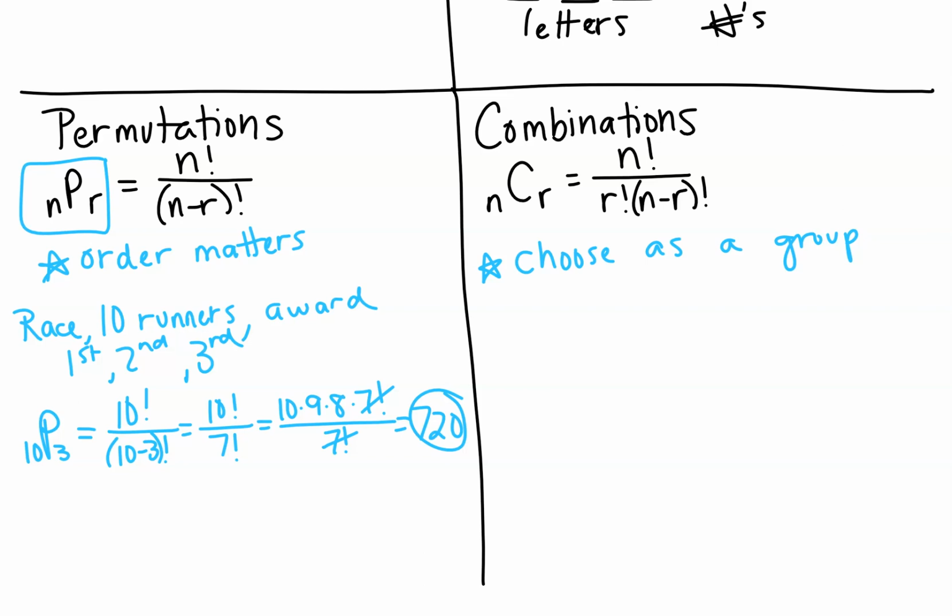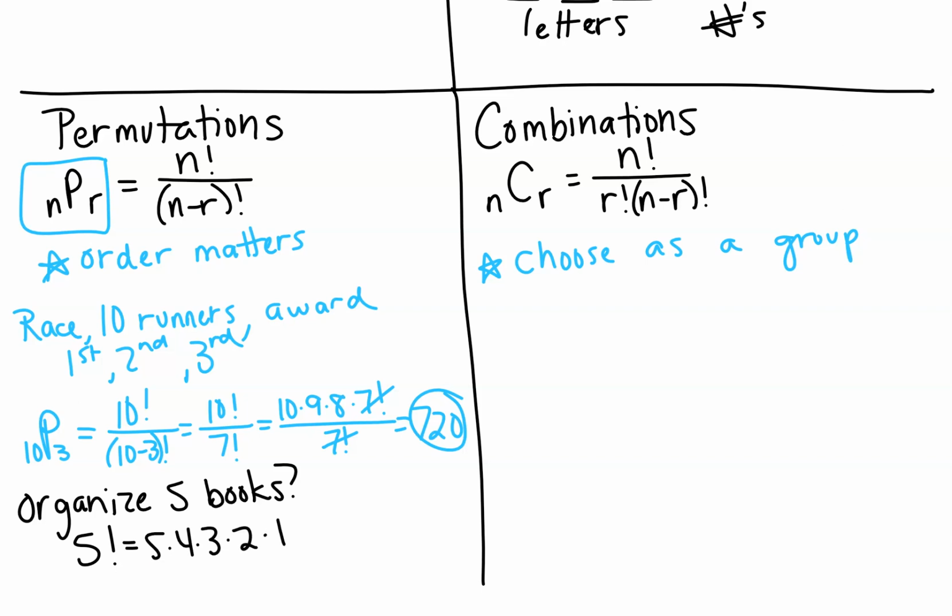So how many ways could we arrange 5 books? That would be 5 factorial. So 5 times 4 times 3 times 2 times 1. 120 ways.